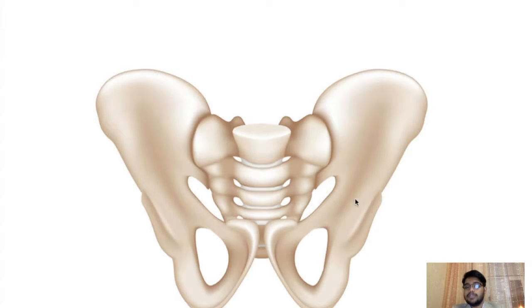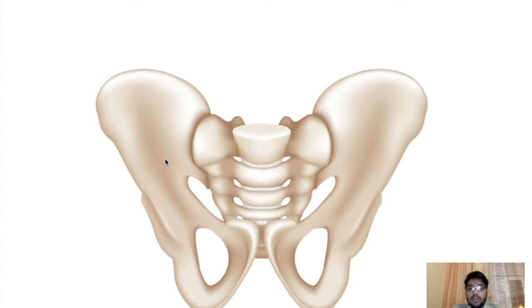These three bones fuse to each other to form a big fusion bone, which is called innominate bone. The ilium is attached to the sacrum, the ischium is attached to ilium and pubis, and the pubis is attached to ischium and another pubis.